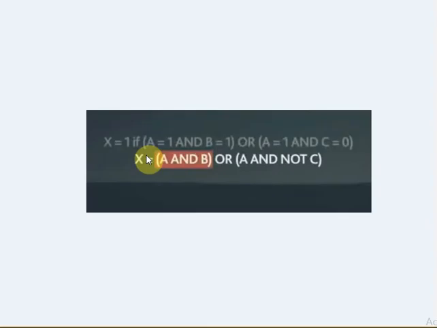A and B, OR, A and not C. The A and B signals get an AND combination, then A and not C. So this is actually the OR gate.